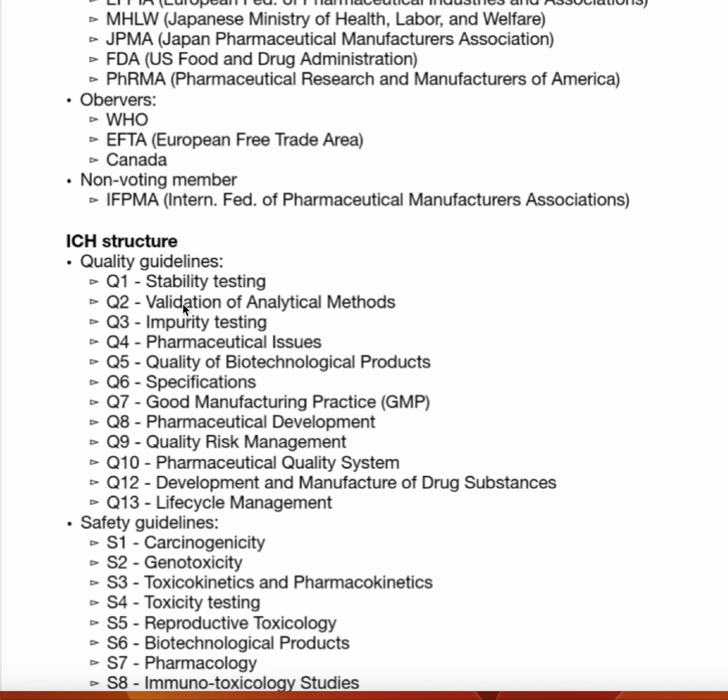The keywords are stability, validation of analytical methods, impurity, pharmaceutical issues, quality of biotechnological products, specification, good manufacturing practice, pharmaceutical development, quality risk management, pharmaceutical quality system, development and manufacture of a drug substance, life cycle management.